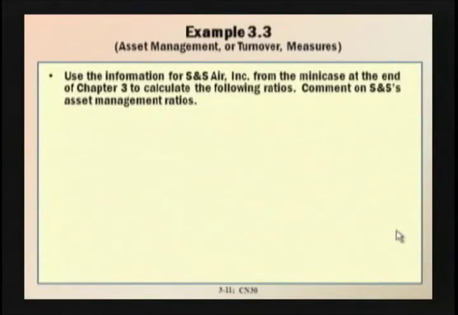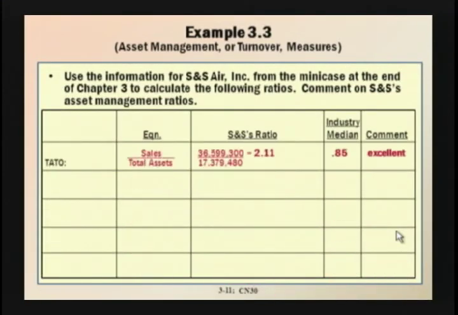Looking at S&S's information, from its balance sheet and its income statement, we can calculate these asset management ratios. Our first asset management or turnover ratio is total asset turnover, sales divided by total assets. It shows you how many dollars in sales are generated from each dollar that's been invested in total assets.